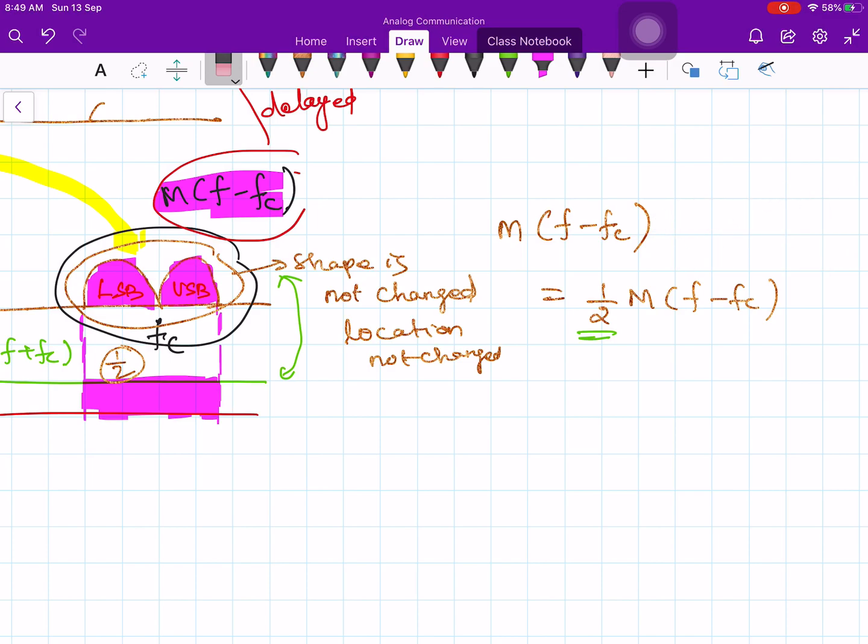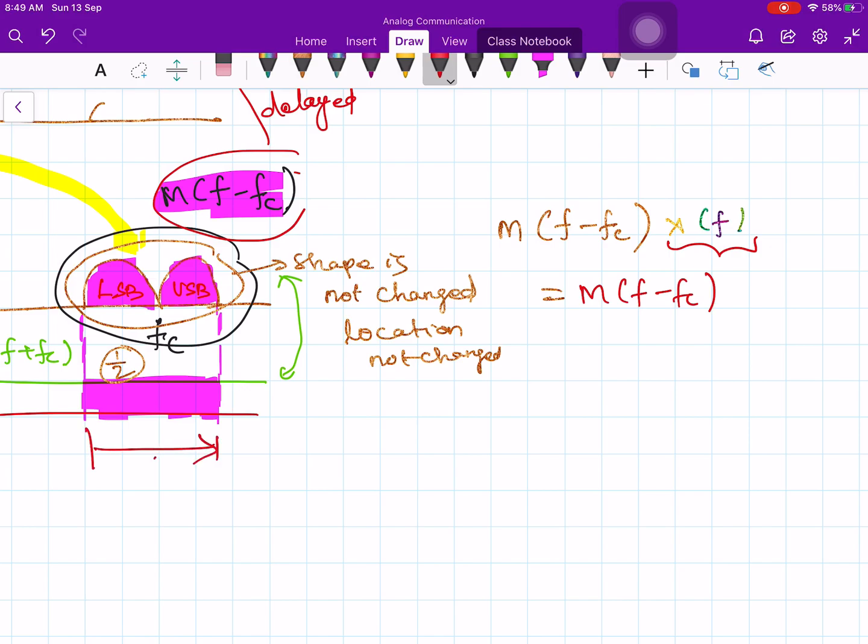Let me write down X of f. Now M of f minus fc, but what is your X of f in this range? It is 1 by 2. So you multiply by 1 by 2.